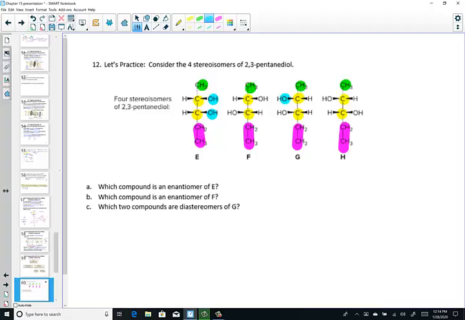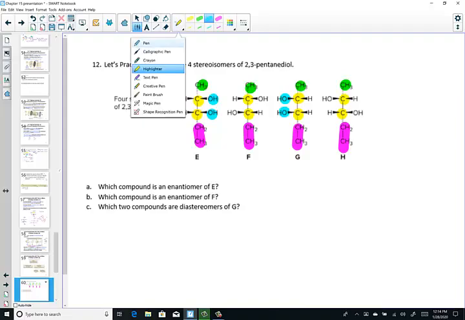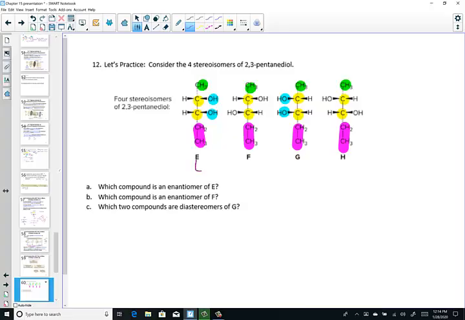Oh, you got it. See that? Those hydroxyls are on both sides. They just happen to be on the opposite side of each other. That means compound E and G are mirror images. That word is called an enantiomer. E with G are enantiomers.